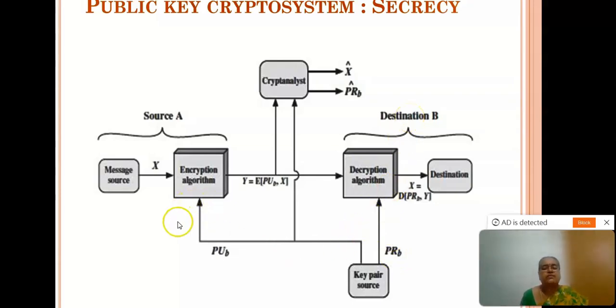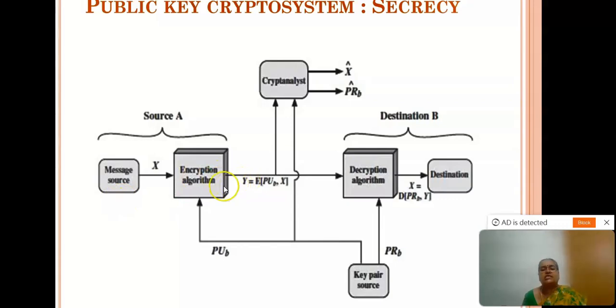Whoever wants to transfer a message in secret to user B will use the public key of B for encryption. Here person A converts the original message X into ciphertext Y by using an encryption algorithm, and this encryption algorithm makes use of the public key of the receiver B. Y is the ciphertext, which is in meaningless form, and Y is equal to the encryption of the data message X using the public key PUB.